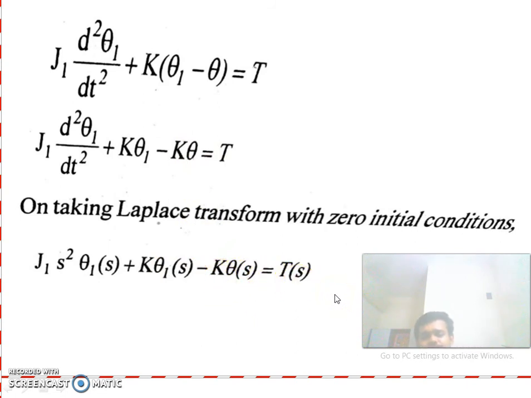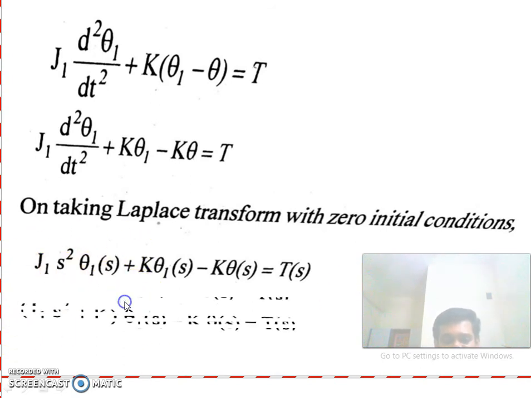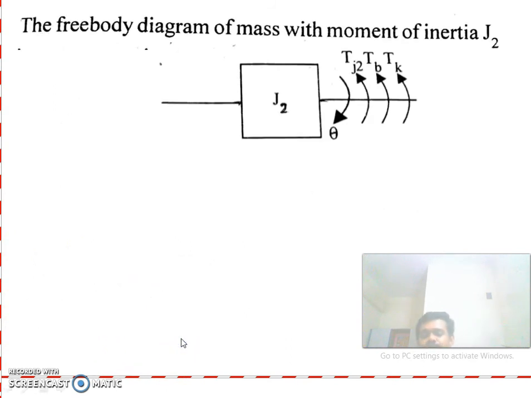Actually, our aim is to calculate theta of s divided by T of s. So from these two terms, we take theta 1 common. Then we go to mass J2, where we find the opposing torques.